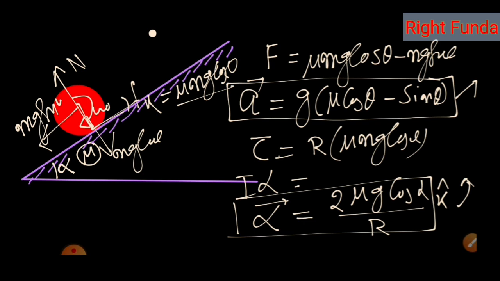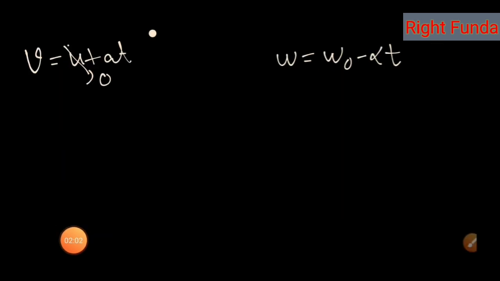From these two conditions, we see that this is a constant quantity, and this is a constant quantity. We can calculate the velocity of the cylinder and the angular velocity of the cylinder at any point of time. We have v = u + at and ω = ω₀ − αt. So suppose v1 is the velocity when pure rolling takes place.